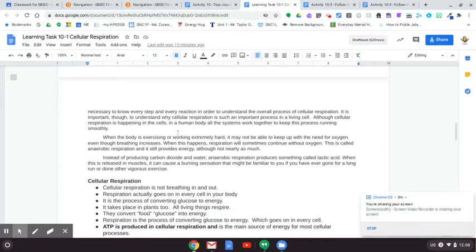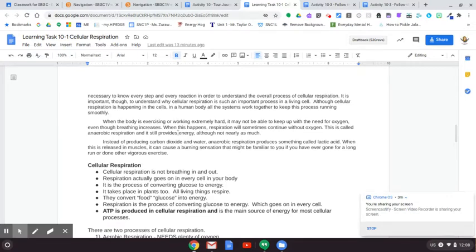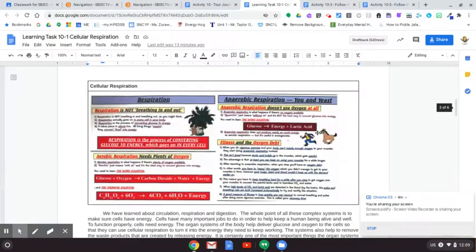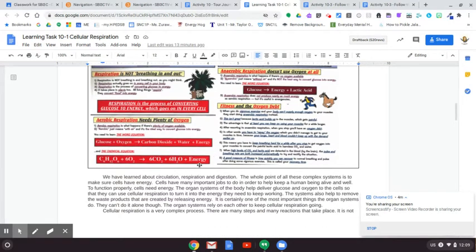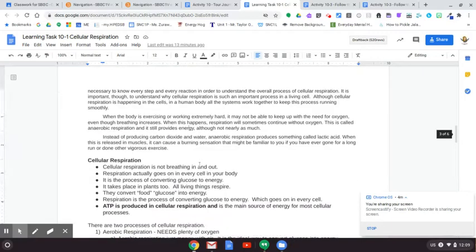Well, we need all these things in order for us to keep moving, to create the energy that we need to be able to do the daily things that we do. So this is where we start talking about anaerobic respiration. What happens in anaerobic respiration is the glucose gets broken down. However, you don't have oxygen and the amount of energy that's created is less.